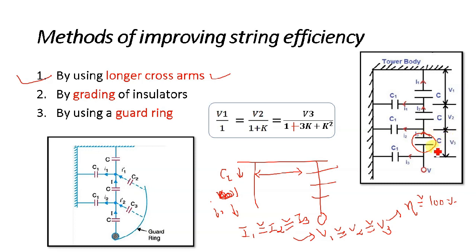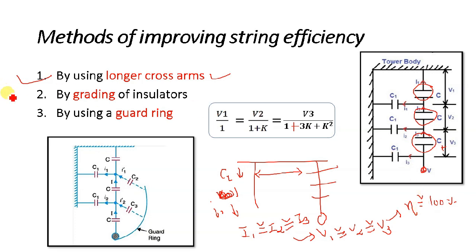Let's say this disk is the nearest to the conductor, so the grading is done in such a way that this disk has a higher voltage level than this one, and this one higher than this. In such a way the grading should be done, so we can have the voltage distribution in a proper manner, and we can improve the string efficiency.